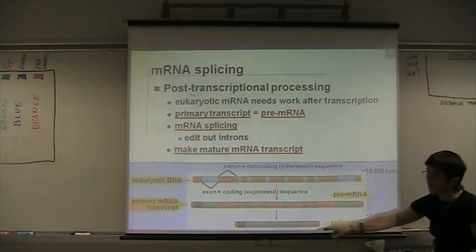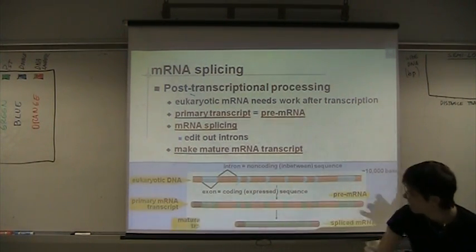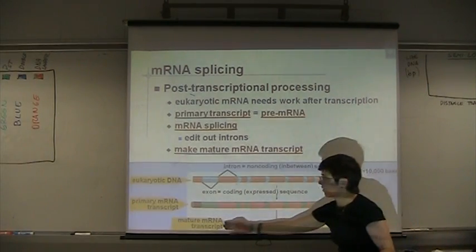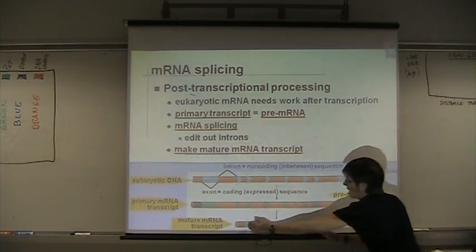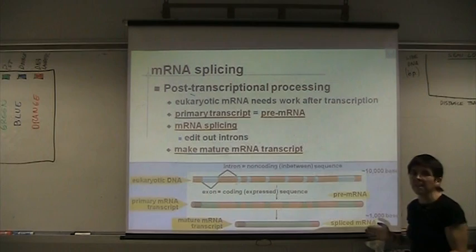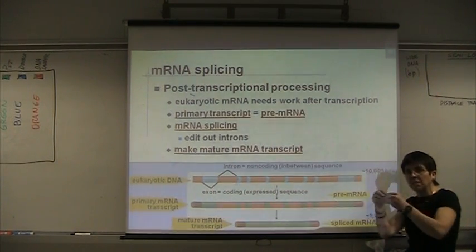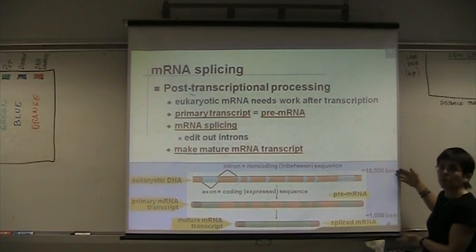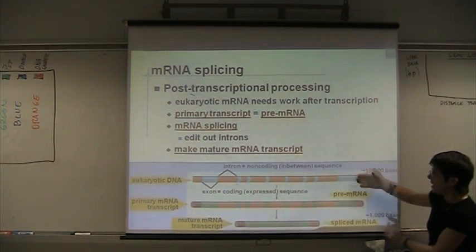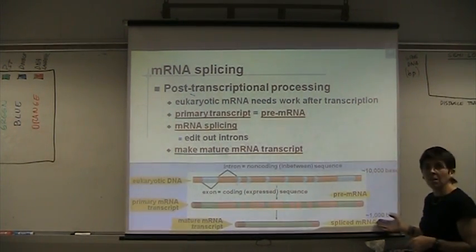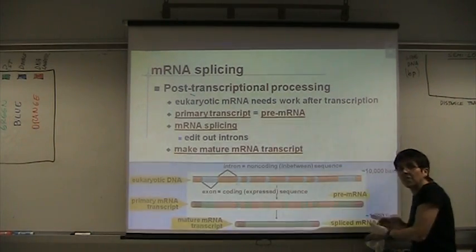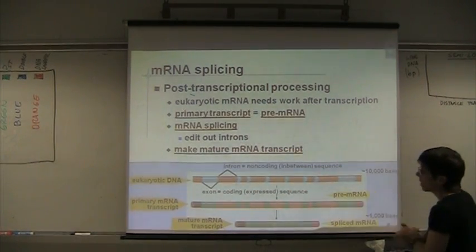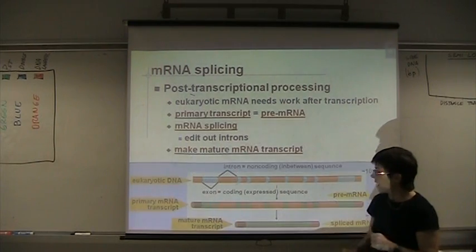Notice how much smaller this final product is, and this is what's called the mature messenger RNA or the spliced messenger RNA. Splicing means to cut and paste. So you go from something that is about 10,000 base pairs in the DNA to finally something that is only about 1,000 base pairs. And this is really what is going to go to the ribosome to be translated into a protein.